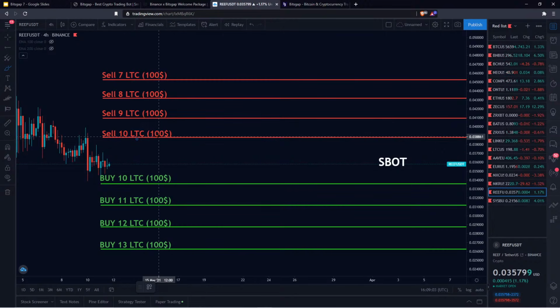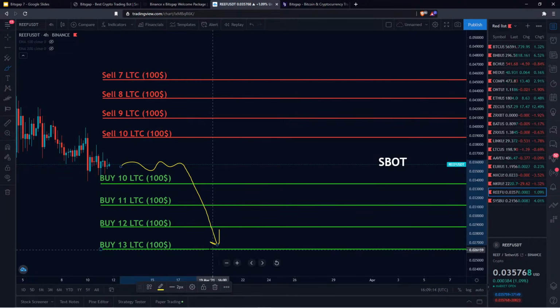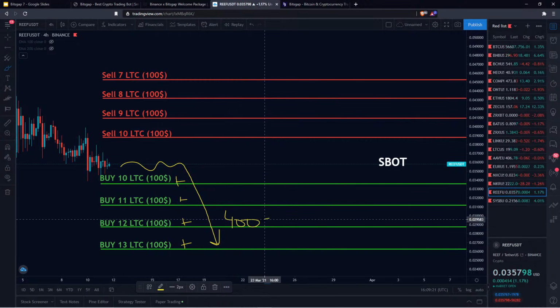So it always cashes out with $100 and always spends $100 to buy the base currency. So if it falls to the lowest point, it's going to execute all of these buy limit orders, worth $400. So now your risk exposure is increased by $400, see? And the amount of base currency that you now possess is 10 plus 11 plus 12 plus 13.